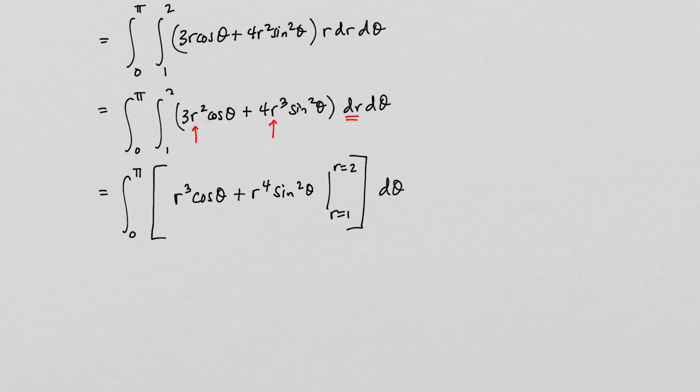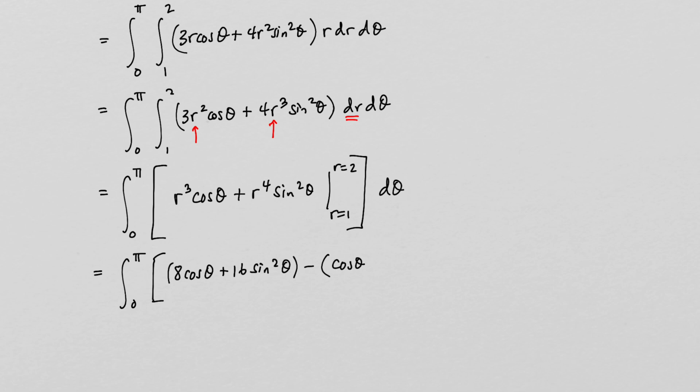So let's go ahead and plug in r equals 2 and r equals 1. When we plug in r equals 2 here, we get 8, and here we get 16. So we have 8 cosine theta plus 16 sine squared of theta, minus, and when we plug in r equals 1 here, we just get 1, of course.